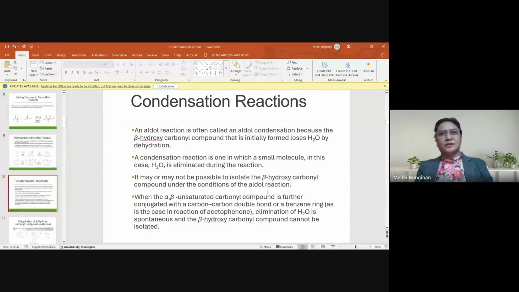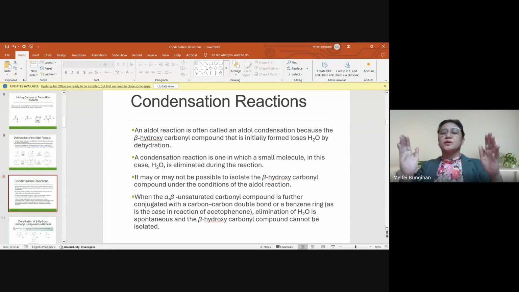We also have some other condensation reactions, like Dieckmann, with loss of other smaller molecules like methanol. So small molecules are eliminated during condensation reactions. Now, when the alpha beta unsaturated carbonyl compound is further conjugated with a carbon-carbon double bond or a benzene ring, elimination of water is spontaneous.